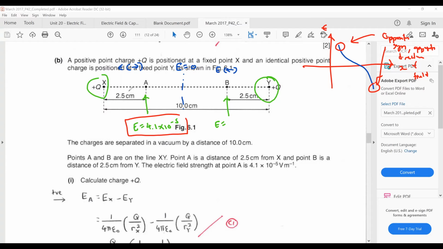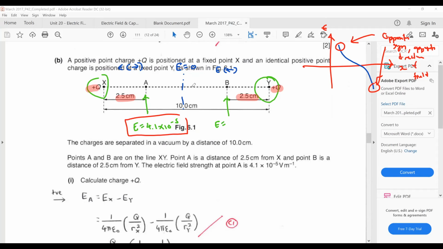Now if you look at this, notice that this is the same charge, and the distances of A and B are also the same, 2.5 centimeter, 2.5 centimeter. They are symmetrical in all aspects: same magnitude of charge, same distance considered.